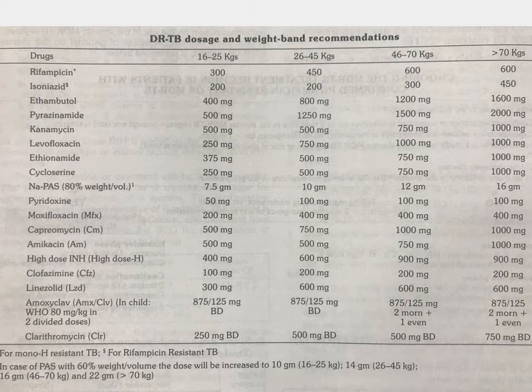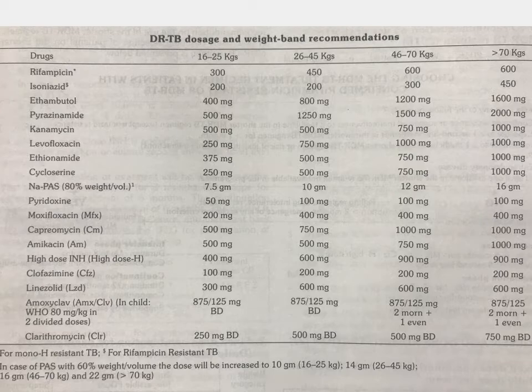Then you can see drug resistant TB dosage and weight band recommendations. Again, these are given in detail. So it all depends on the weight of the patient you are treating. Normally, there is a benchmark used that either the patient is below 50 kilogram of weight or above 50 kilogram of weight.